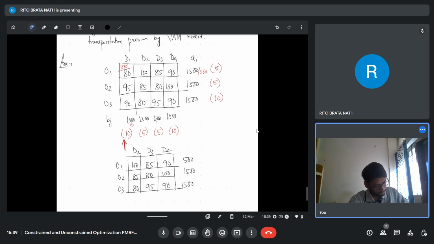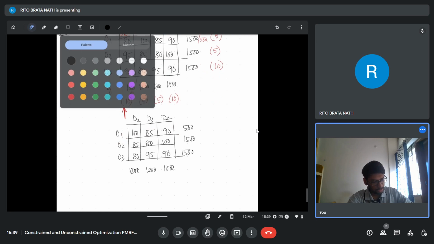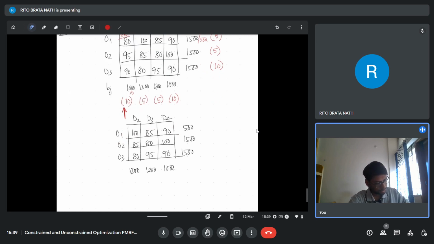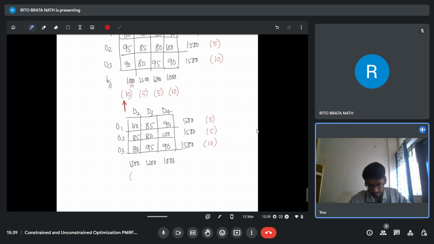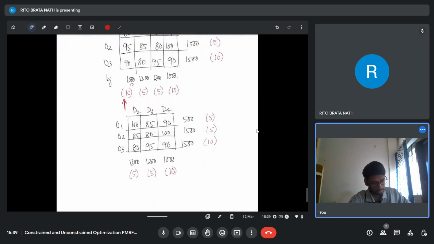Then you have 1300, 1200, 1000. Okay, so we'll repeat this process again, and in the first row now the difference is again 5. Second row it's the difference of 5. Third is 10. Here the column wise differences will be same. Yeah, because you have deleted the first column.